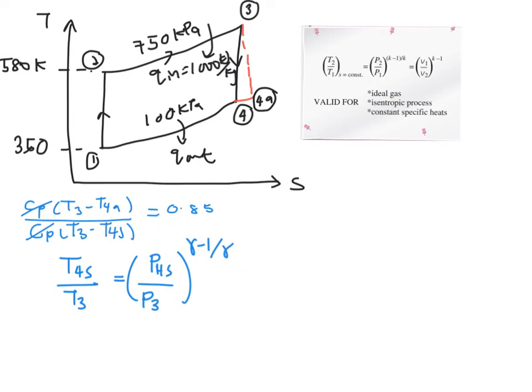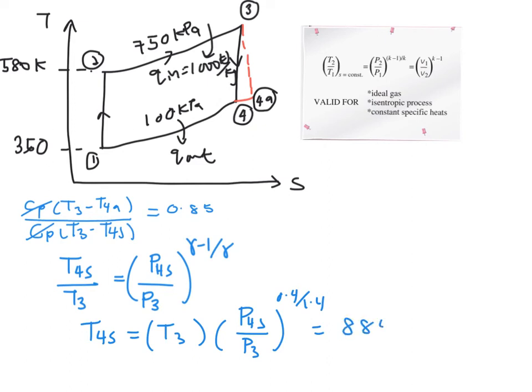So let's try to solve this. Finally, your T4S is equal to T3 times P4S over your P3 to the power of 0.4 over 1.4, and it is equal to 885.7 Kelvin.